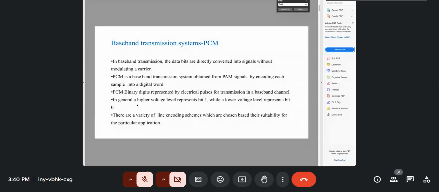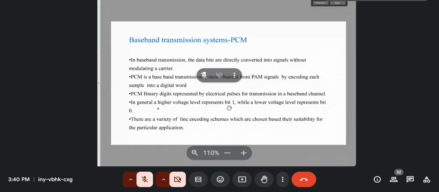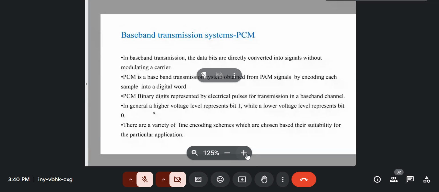So we are going to look at how you represent those bits as signals for transmission, as opposed to the passband, which we are going to look at, whereby the bit, although again, when you see the bit, it is still a signal represented by a bit that modulates the carrier.